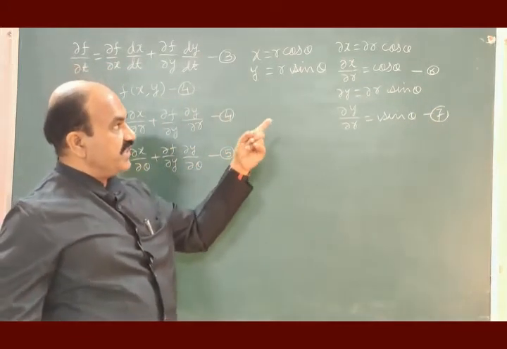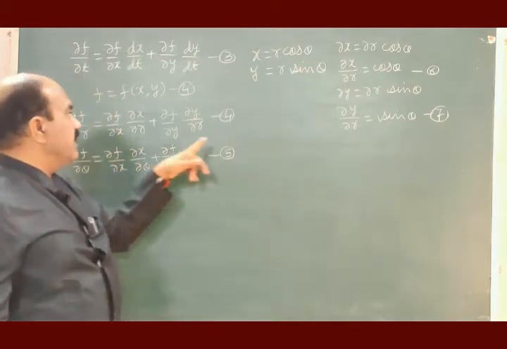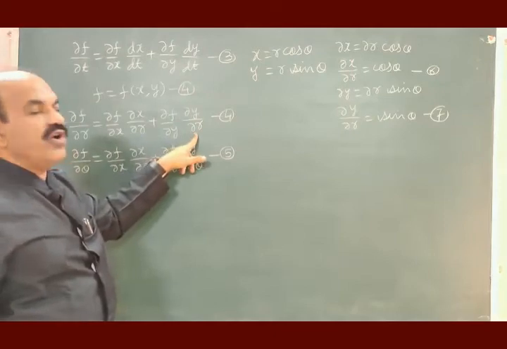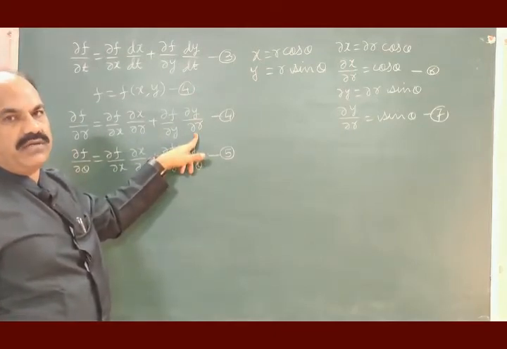Let us substitute equations 6 and 7 for dou x by dou r and for dou y by dou r.